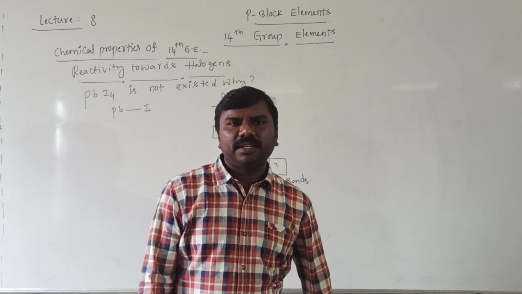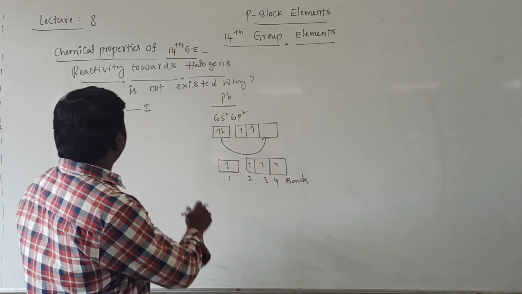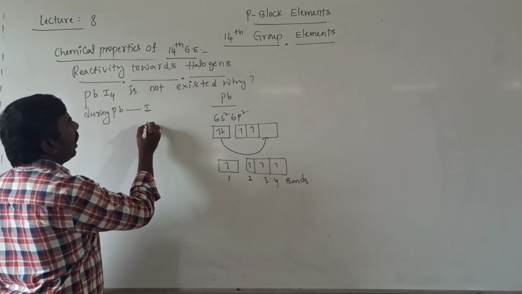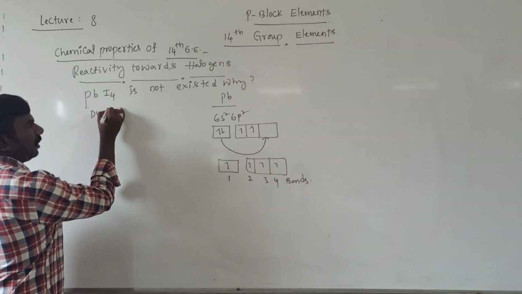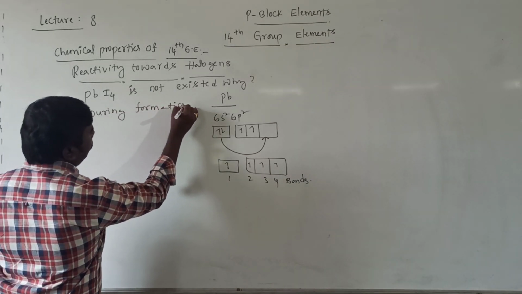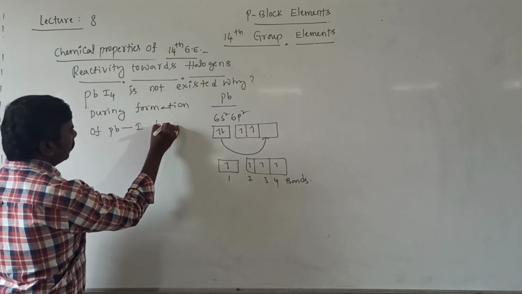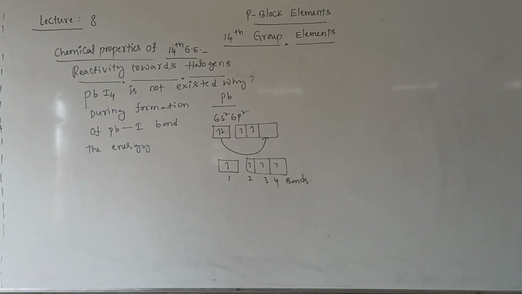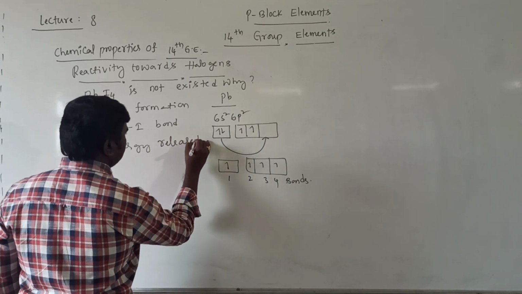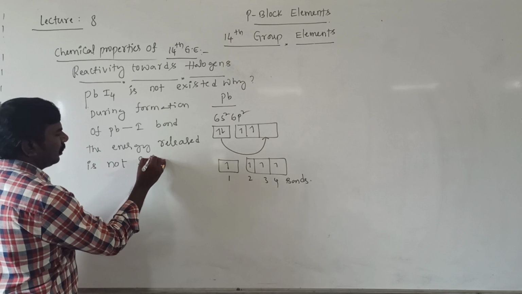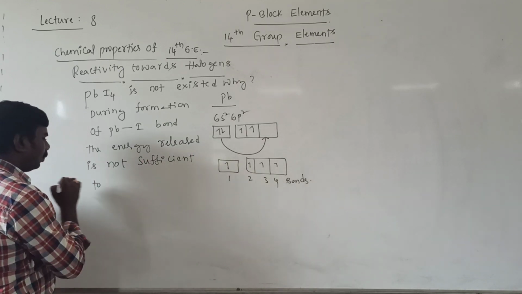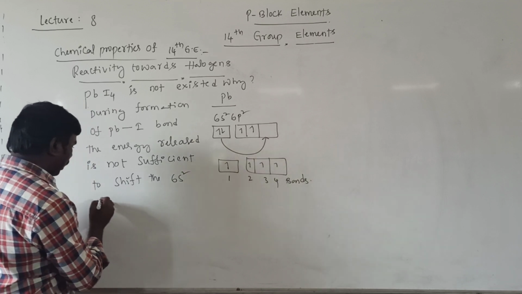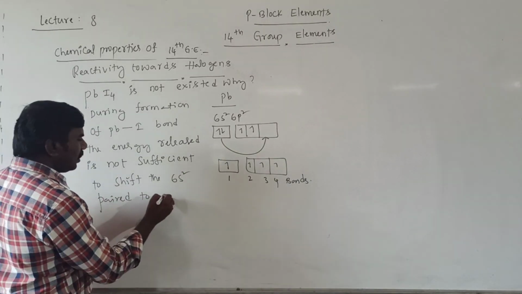Obviously, PbI4 would exist. But the question is why it does not exist, because during lead-iodine bond formation, the energy released is not sufficient to shift the 6s2 paired electron to 6py.